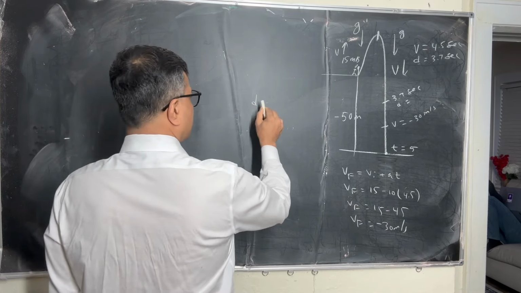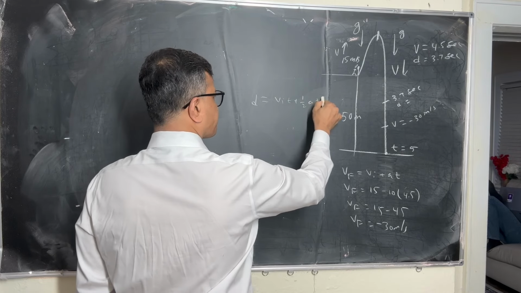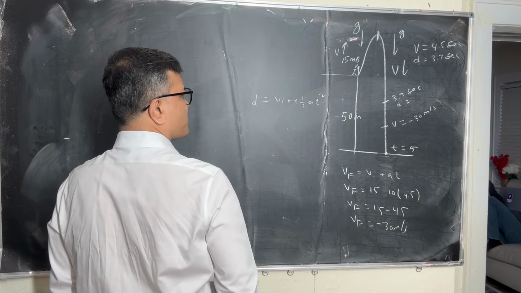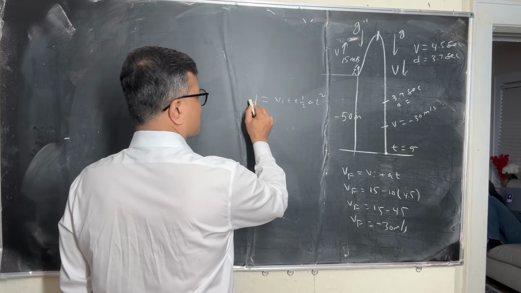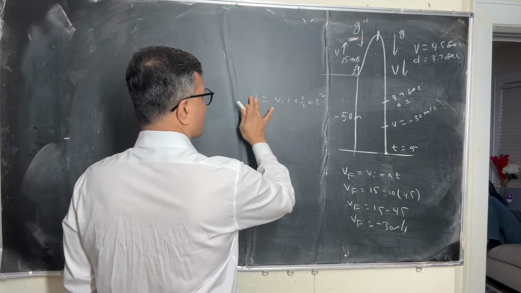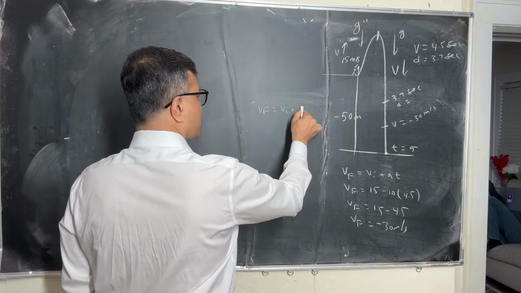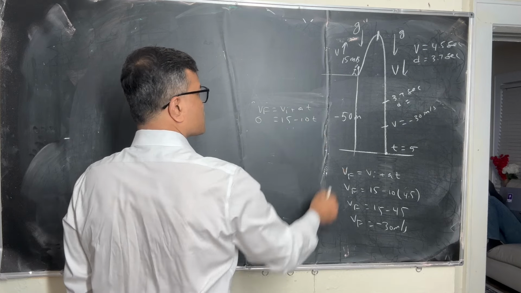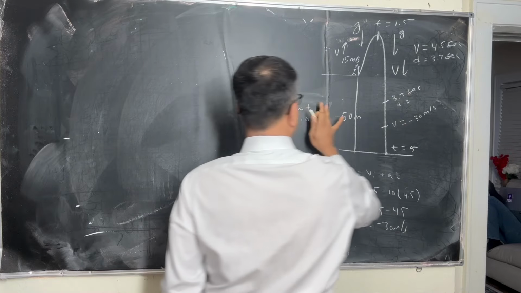Okay, so d is equal to vit plus half at squared. We want to find the time. We can find the time this way. Vf is equal to vi plus at. 0 is equal to 15 minus 10t. So time is 1.5.